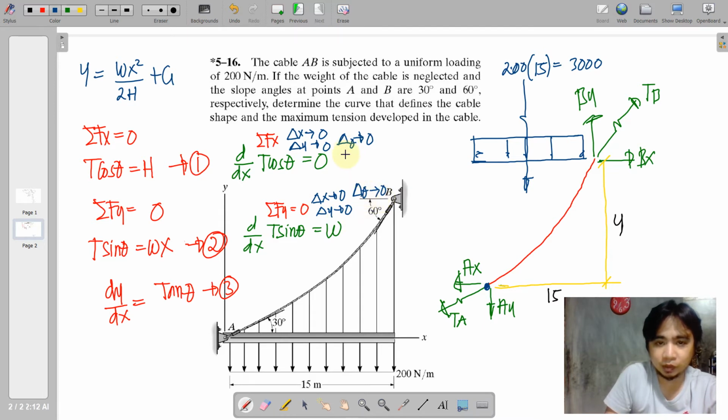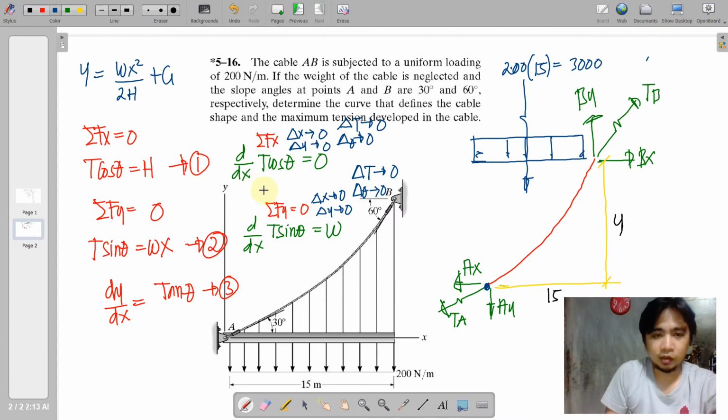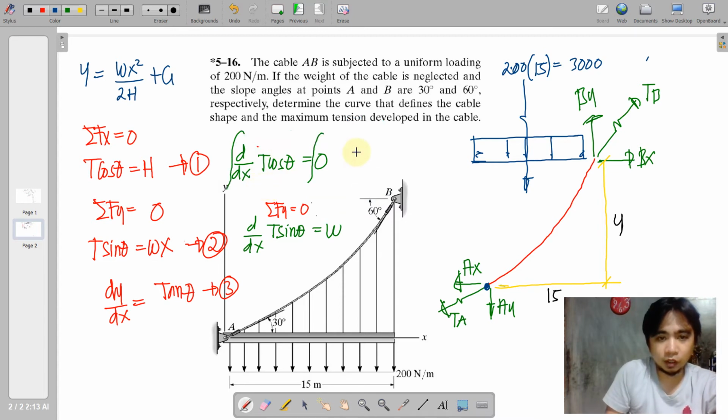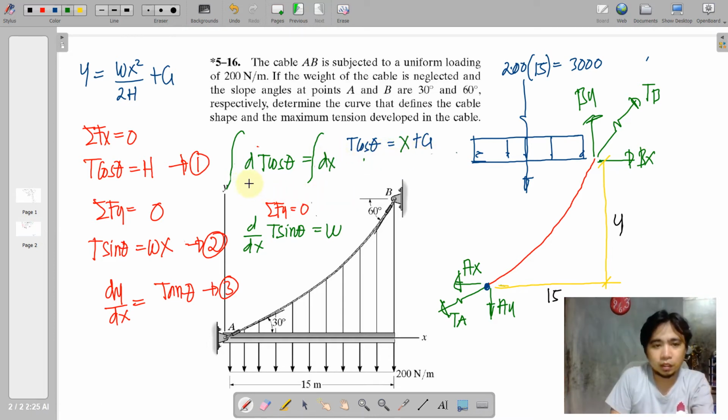So let me also add the tensile is approaching 0. So anyway, let us not make things complicated. What is important here is that if you are going to integrate this, we will have this equation t cosine theta is equal to c1, or let us just place x here.